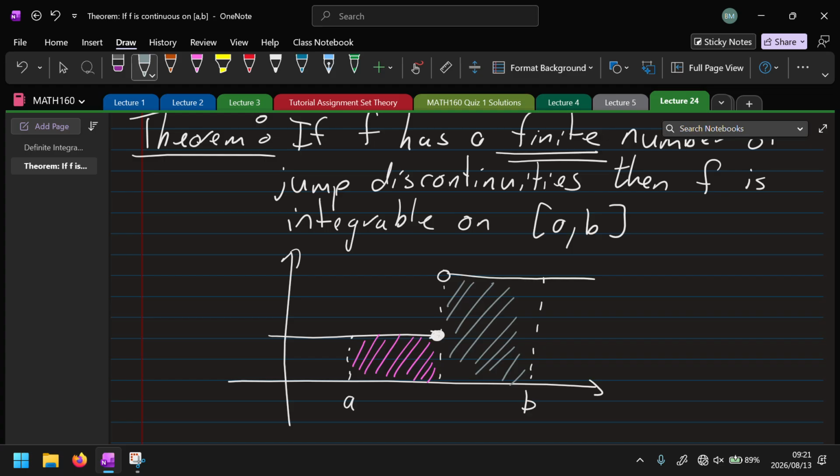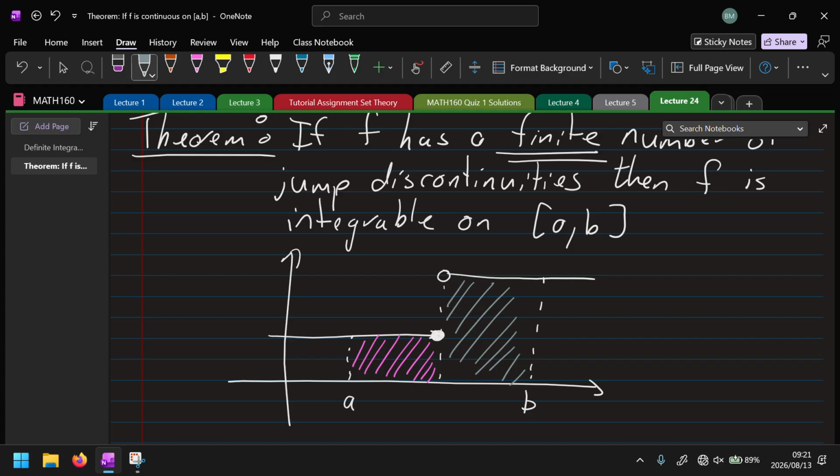Well, there's no problem adding this area to this area to get the total area. We can get the area, the limit exists for finding this area, no problem. Jump discontinuity, no issue. You find the limit, the area here, you add them up. It's fine. If I had two of them, that's fine. You just add up the areas as well. Or three of them or four of them, no problem.